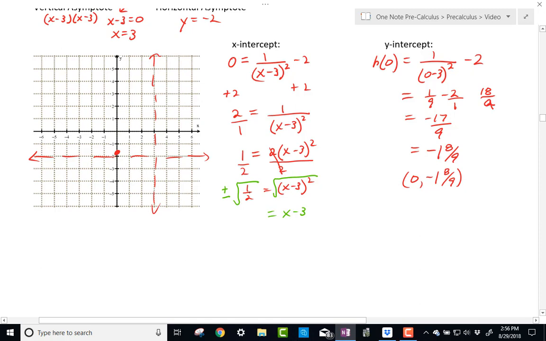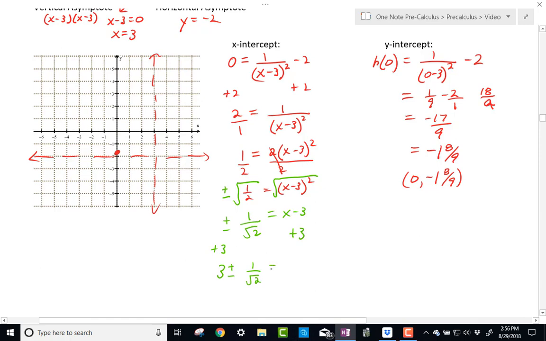The square root of 1/2 is the square root of 1, which is 1, over the square root of 2. So this is plus and minus, okay? And now I would add 3 to both sides. So I would end up with 3 plus and minus 1 over root 2.